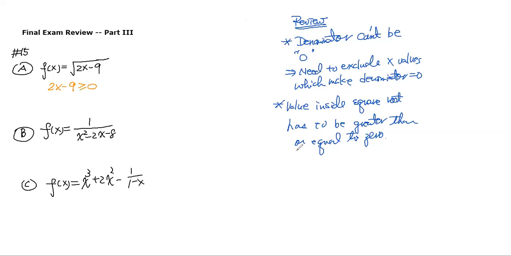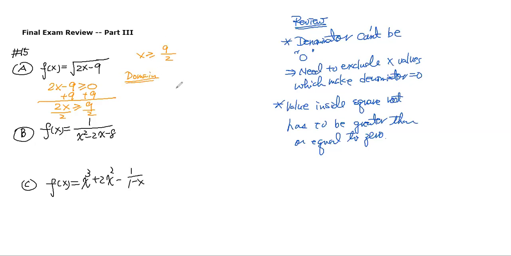Based on my second rule here. So I add the 9 to both sides here. So I will have 2x greater than or equal to 9. Then I divide by 2, divided by 2. So I will have x greater than or equal to 9 over 2 here, right? So this is my domain here.